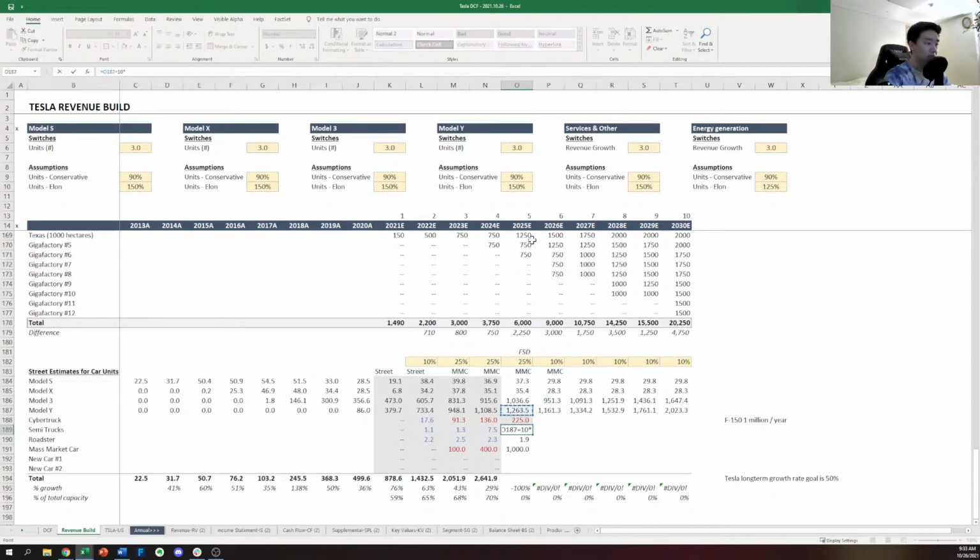I also actually think semis could, if Tesla pretty much takes over trucking and makes everything autonomous, then they could sell a lot of semis too. Okay. 37%. Still seems... how are we going to ramp this up? This still seems really too slow.